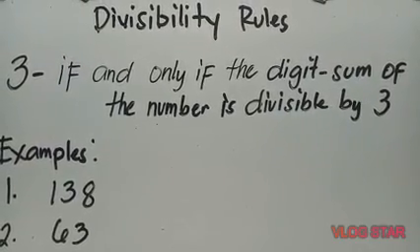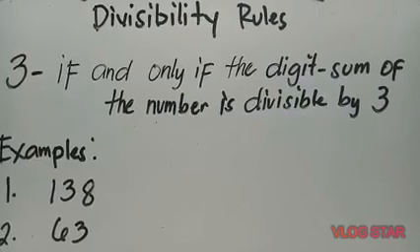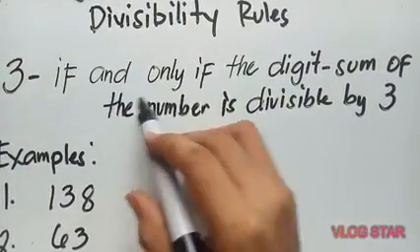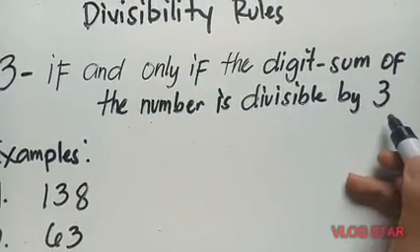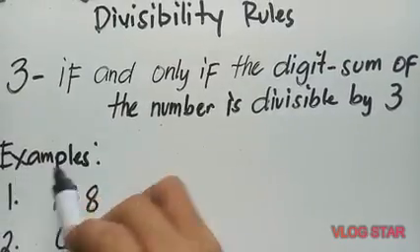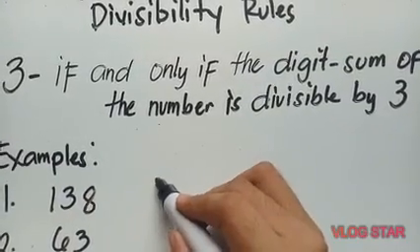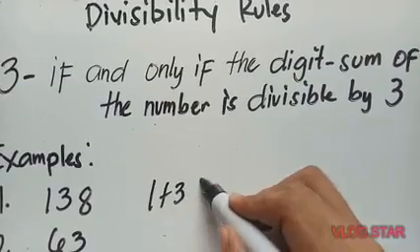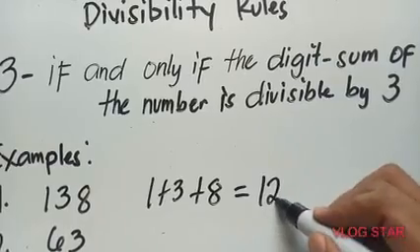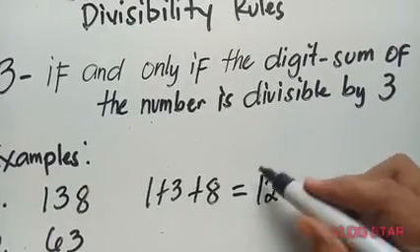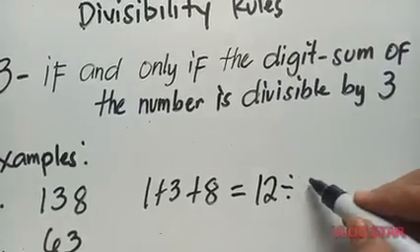Next is divisibility by 3. If and only if the digit sum of the number is divisible by 3. Example, 138. So 1 plus 3 plus 8, the answer is 12. So let's see if this is divisible by 3.